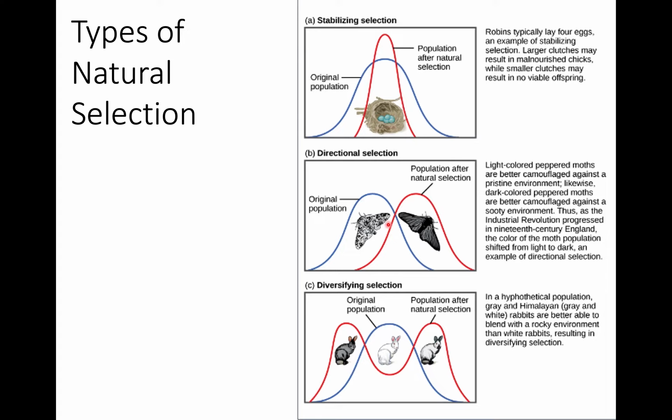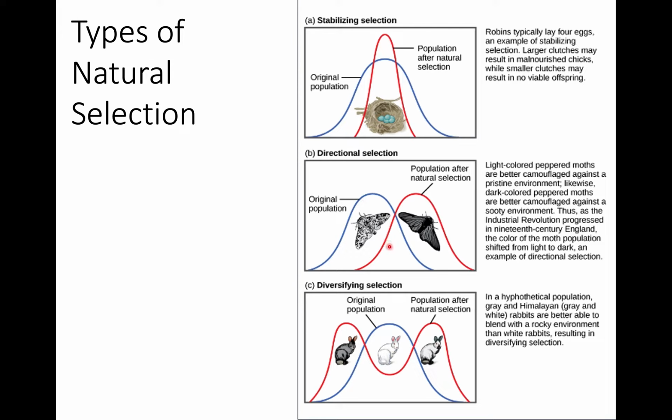The next situation is when the population diversifies and then only one extreme end of a phenotype is encouraged. This was actually observed during the Industrial Revolution. Before it happened, there was a population of moths which had white areas and black areas.